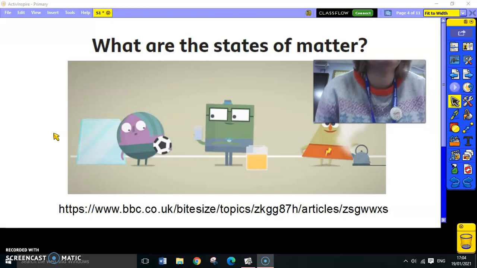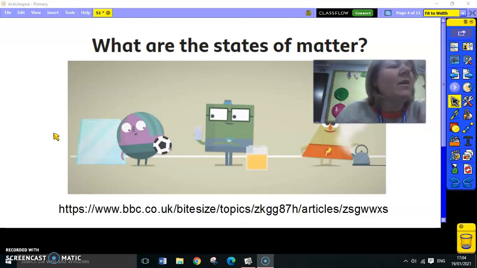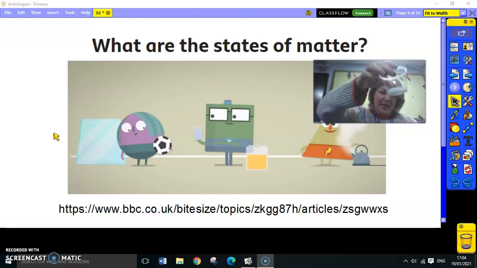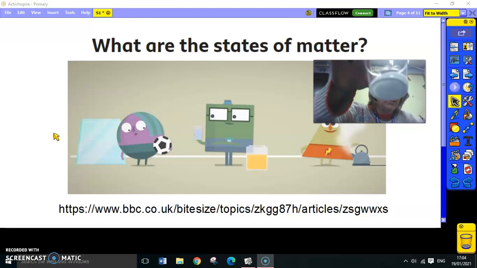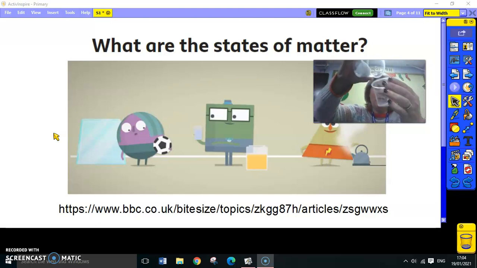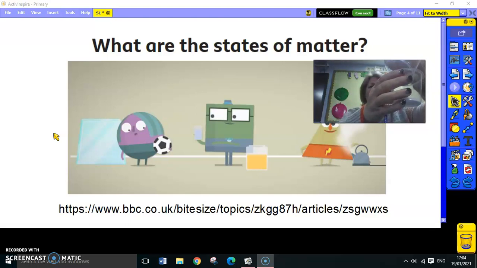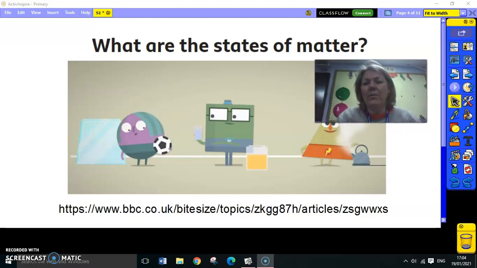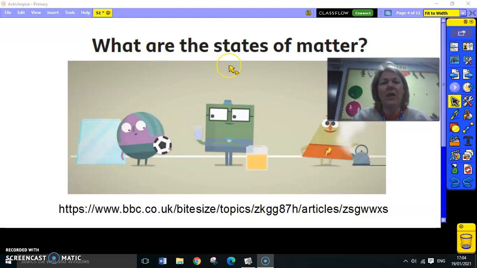And then I've got a state of matter here that you can see in here, makes a little bit of a noise, but I can also pour this one from container to container. So as you're watching these little clips here on the BBC Bitesize website, I want you to have a think about the objects that I've just shown you, and can you start to think about what states of matter they might be?